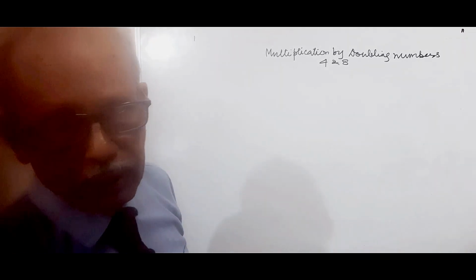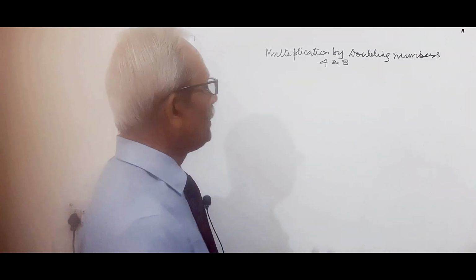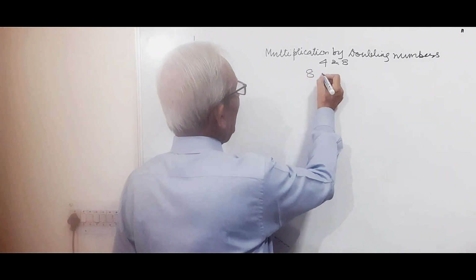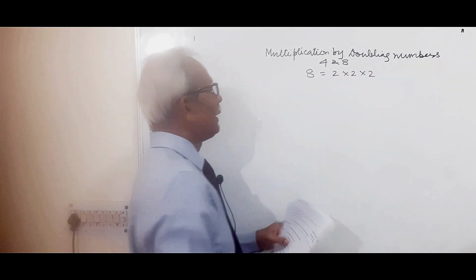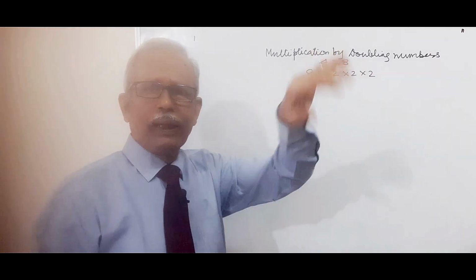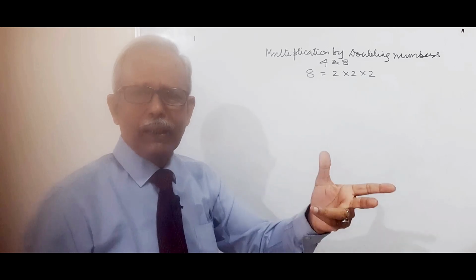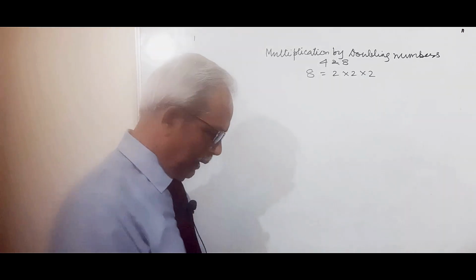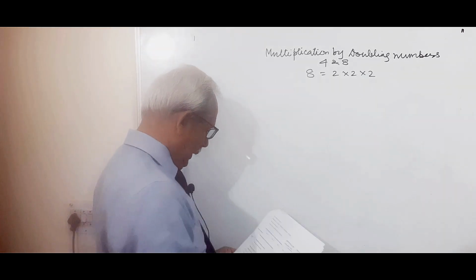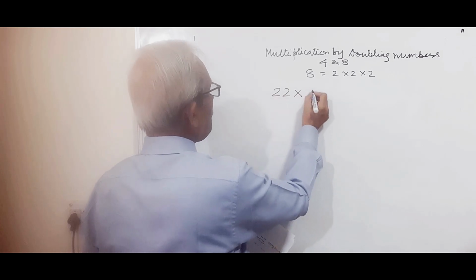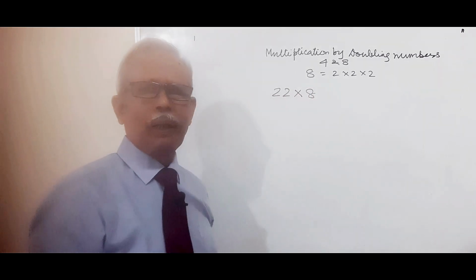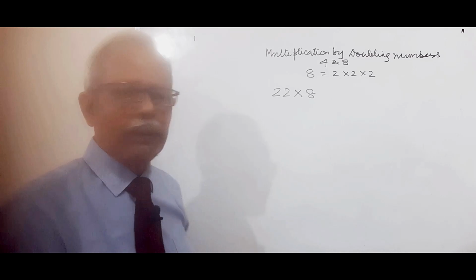It is also similar. In case of 8, it can be written as 2 into 2 into 2. So here you can see we'll double the number 3 times and we'll get the result rather than multiplying with 8, which may sometimes be a big multiplication, right? So we'll take an example here, 22 into 8. We can straight away multiply, but then that involves a lot of multiplication.